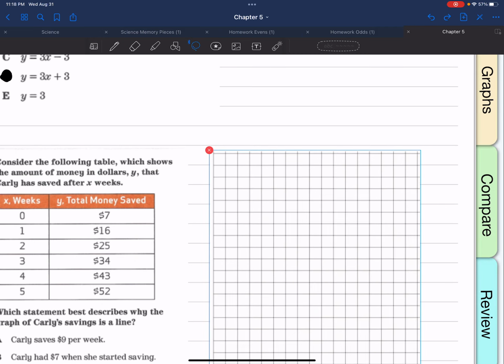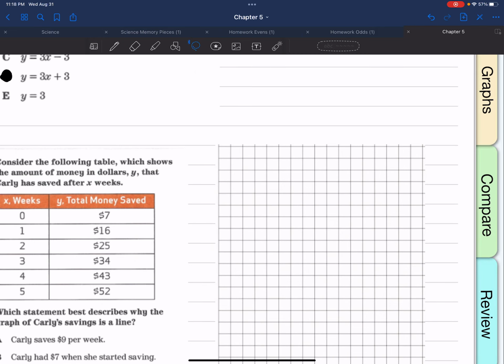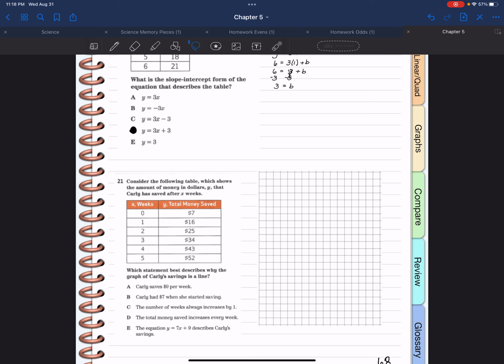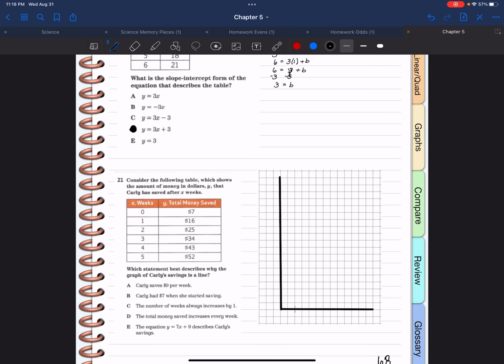Let's graph this set of numbers. On the independent axis, the X, you have the number of weeks, from 0 weeks to 5 weeks. I'm going to scale those by 1.